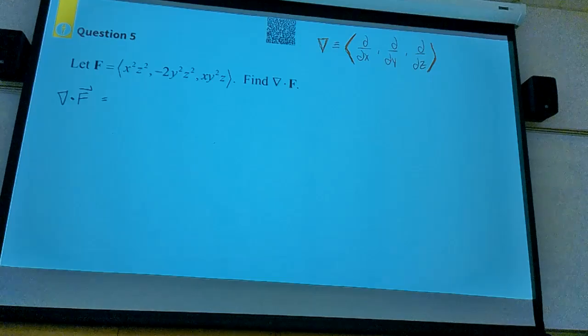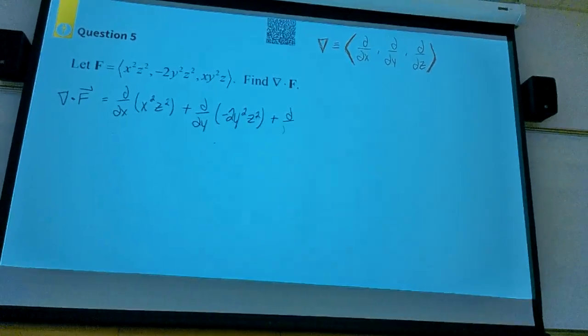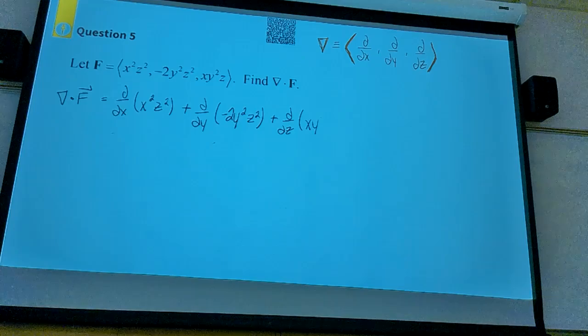And the reason we represent it that way is it just behaves like a dot product.